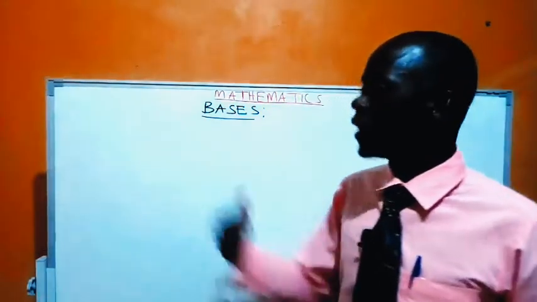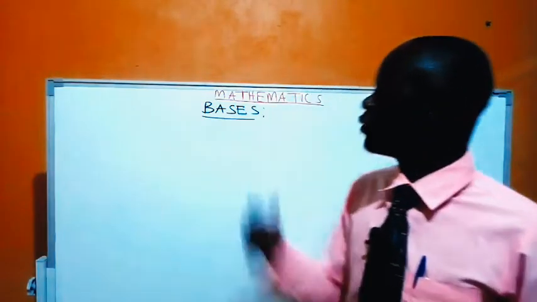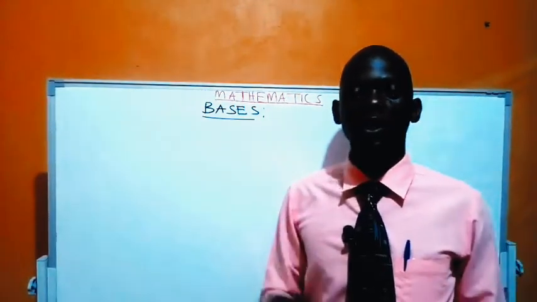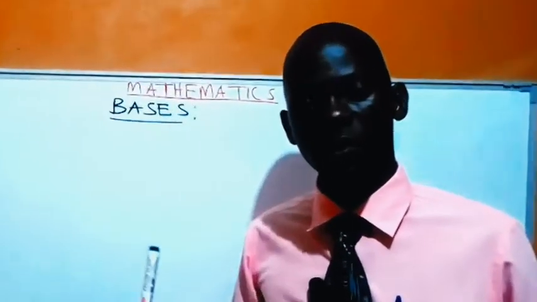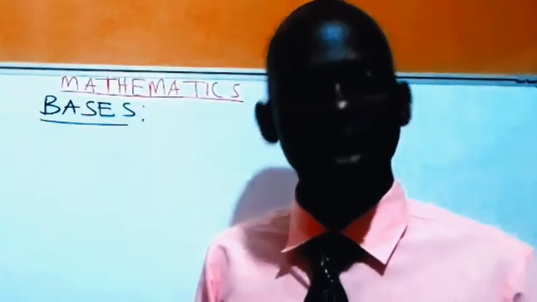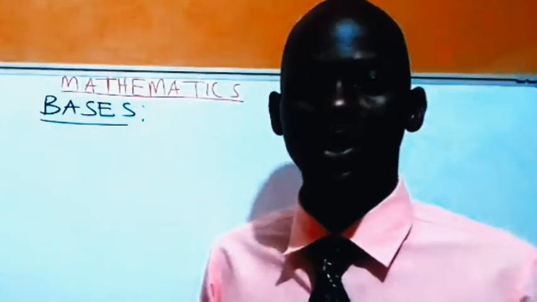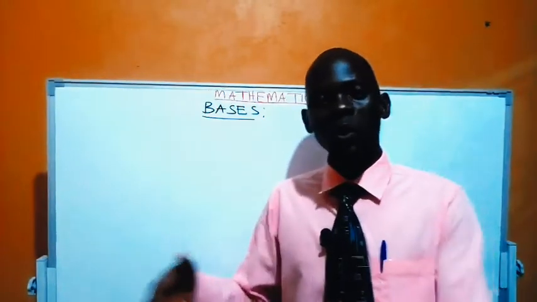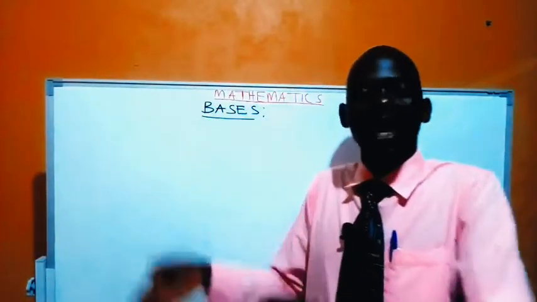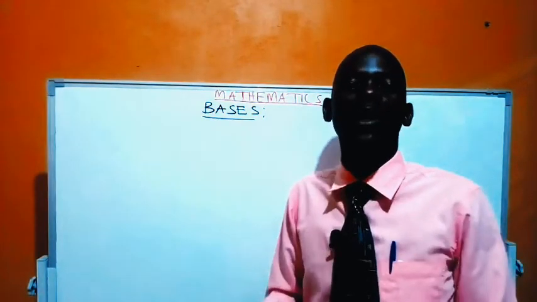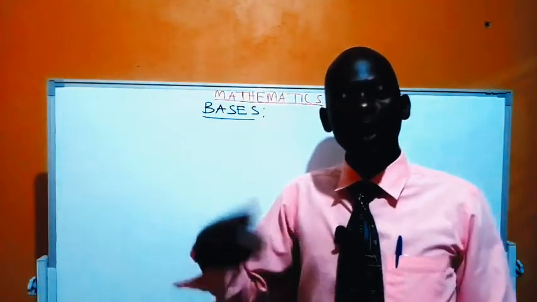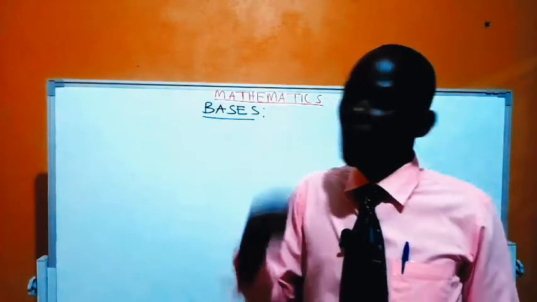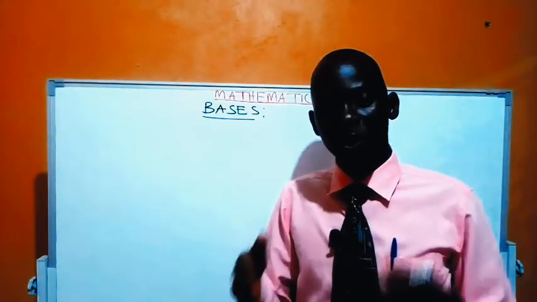But now when we reach the upper classes, we introduce what we call bases, and children are always like, wow, again they've changed the order of addition, multiplication, subtraction, and division. No, it is the same thing, because the same rules you have been using in base 10 are the same rules you will use in these bases, as long as you understand the digits used in a given base.